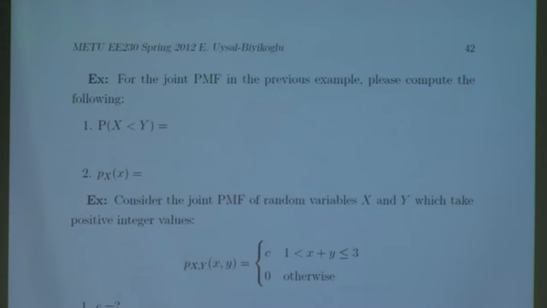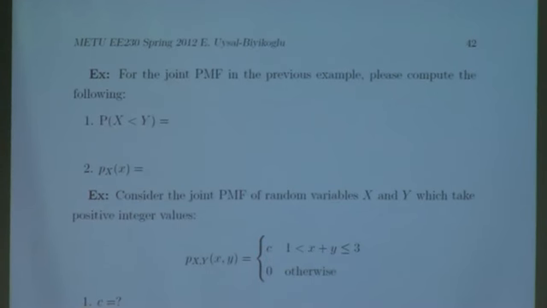Let's quickly go over a few other things that we did last time. It was easy to convince ourselves that a joint PMF, when you add the values over the whole region of x and y, should add to 1. So we use that fact to determine the C here.